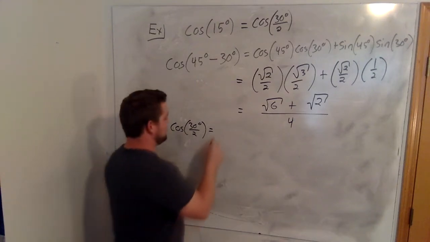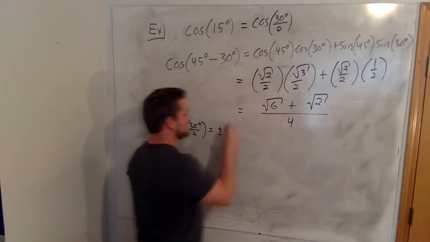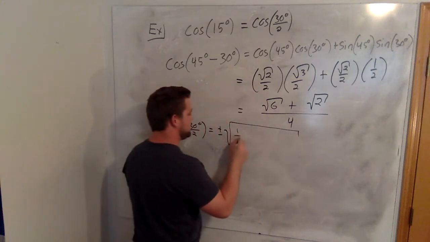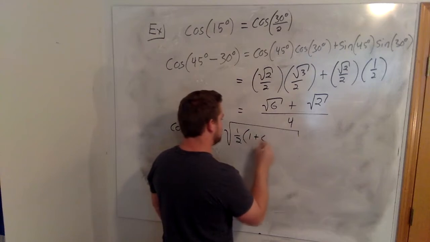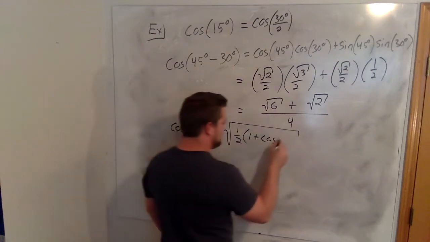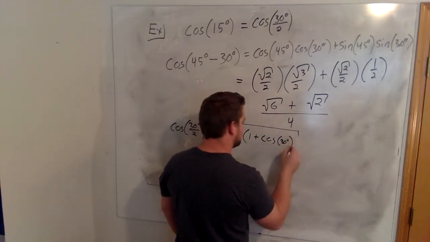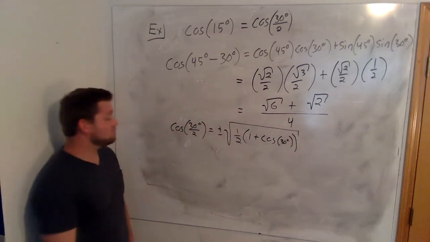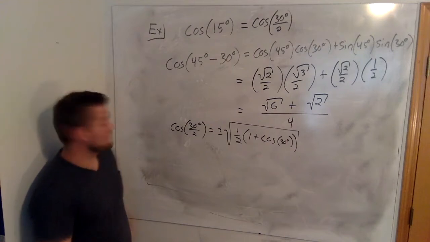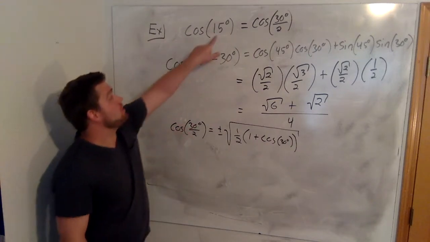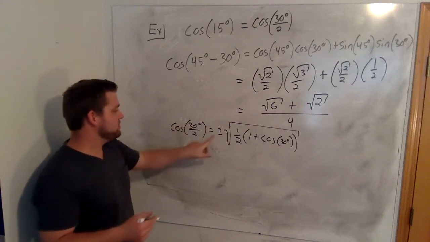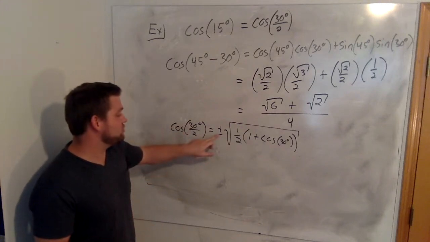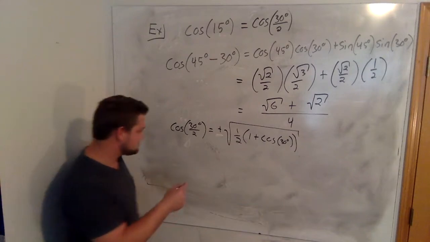So this will be plus or minus the square root of 1/2 times 1 plus the cosine of 30 degrees. Do we want to choose the plus or the minus? Well, 30 degrees over 2 is 15 degrees, which is in quadrant 1. Cosine is positive in quadrant 1, so we'll choose the positive version.